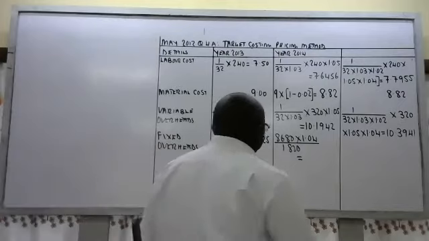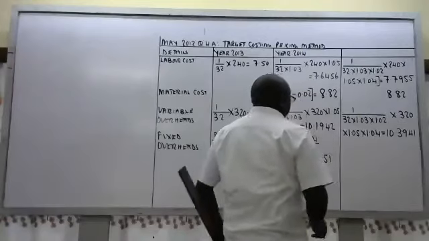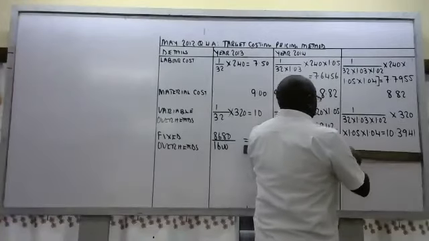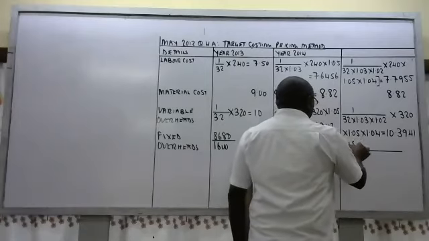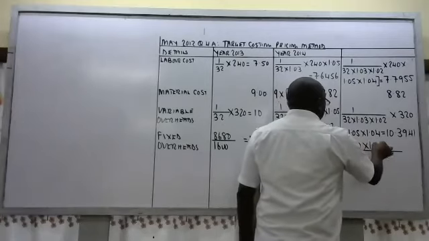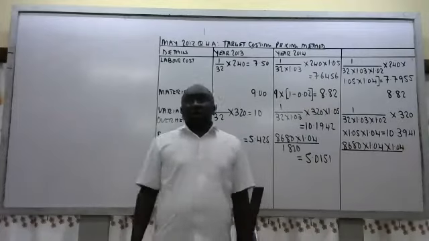That gives $5.0151. When you come to the next year, you do the same. 8680 times 1.04 times 1.04.